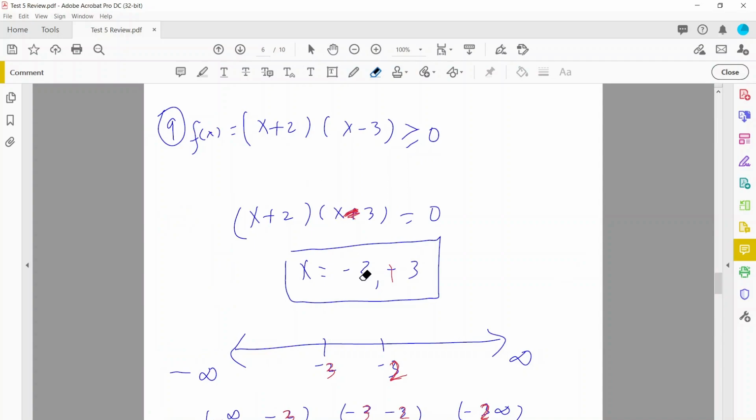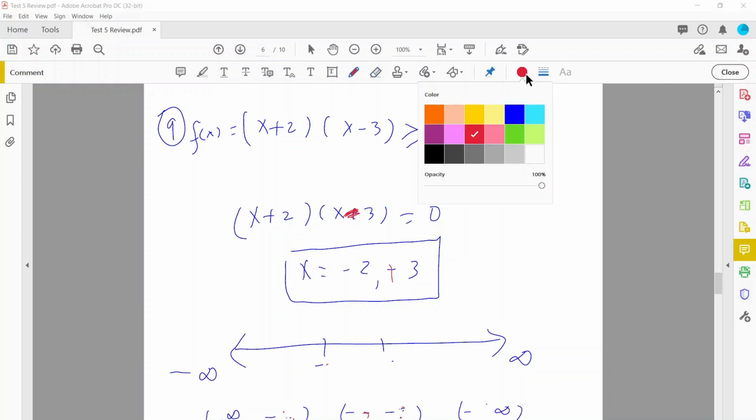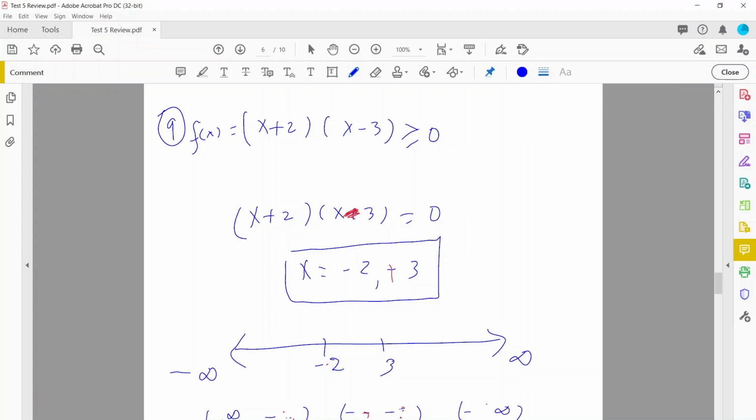So it should be -2 and positive 3. Okay, so that should be -2 and positive 3.